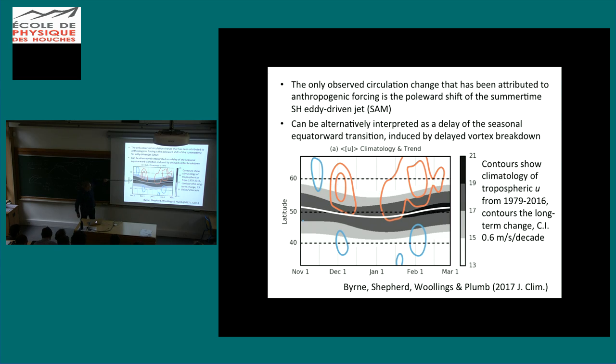This is the mean, and these are I think 1 and 2 sigma or something. And you see that as you go into the southern hemisphere summer, there's a poleward movement of the jet. So it's actually got a semi-annual oscillation, and it's got a minimum. It comes to lower latitudes in the summer.